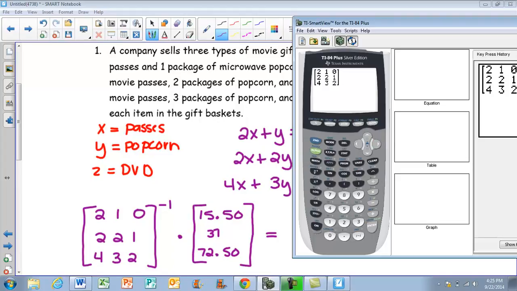Make sure that you take the inverse of this one. Then you're going to multiply it by that second set there, so the numbers on the other side of our equal sign, so I'm going to go the same way again. So I have a 3 by 1.